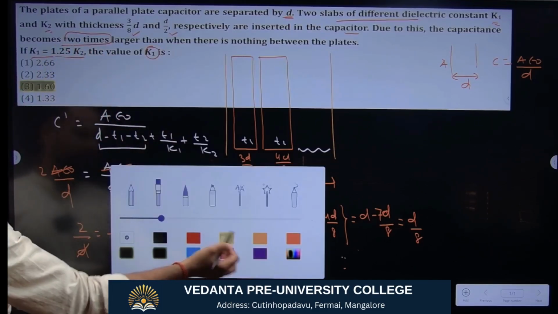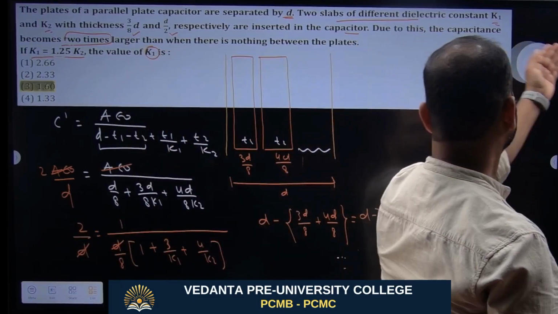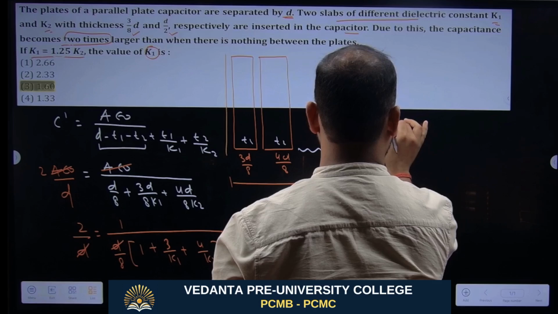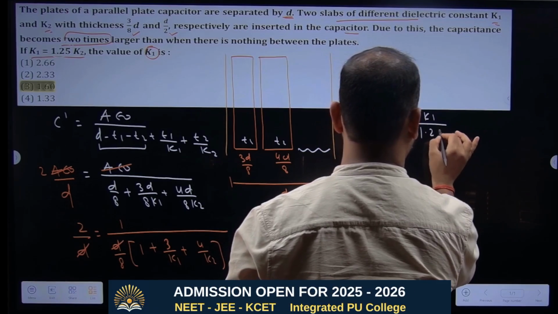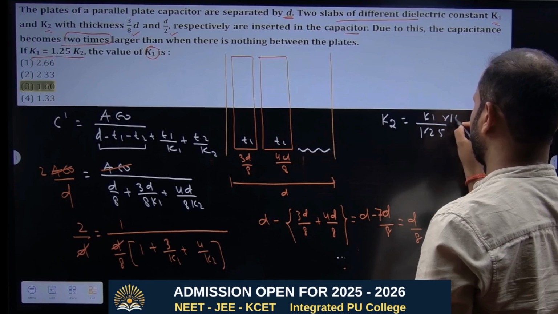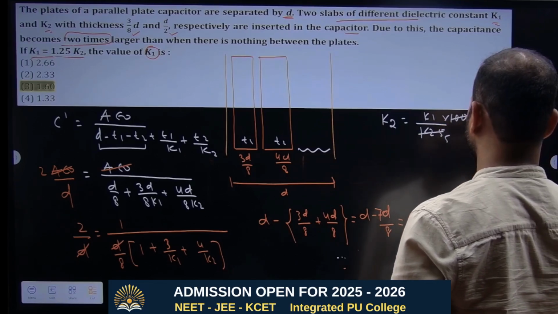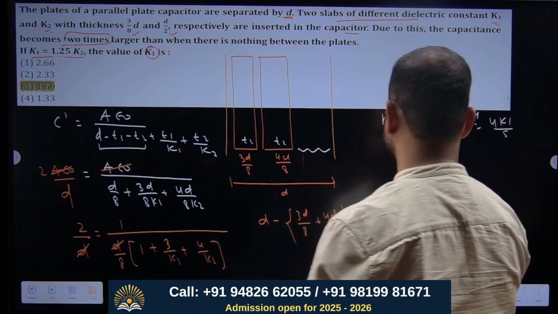So from here I will replace one of them. It is given that K2 is equal to K1 upon 1.25. If I remove the decimal, into 100 will go 4 times 5 times, so this is nothing but 4K1 by 5. We can replace like this and solve.